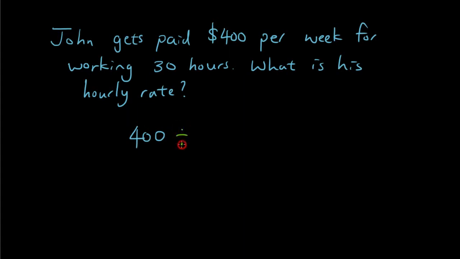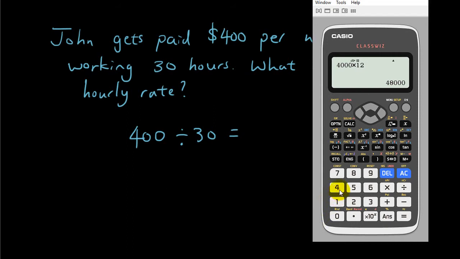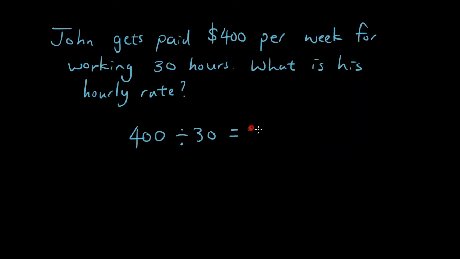So divide that up into 30 hours, then we will find out how much he gets paid per hour. And the answer is 400 divided by 30. And the answer is $13.33. So that's pretty much the maths involved with wages.